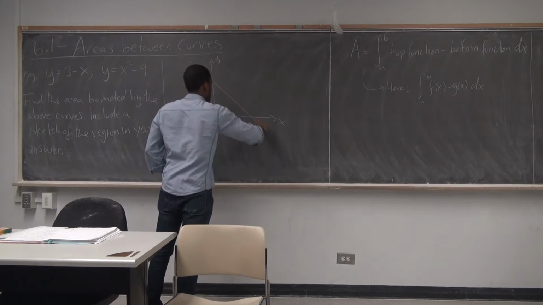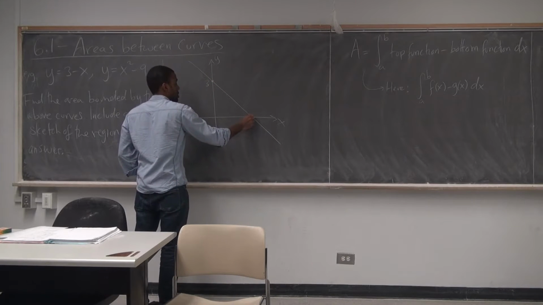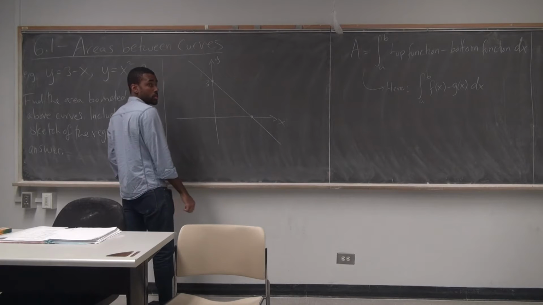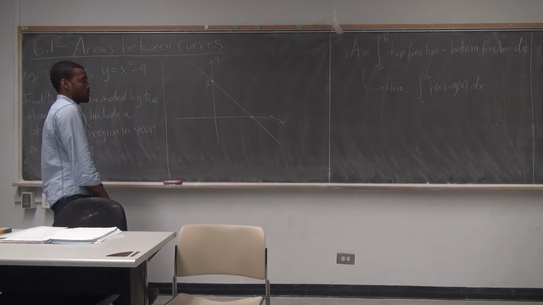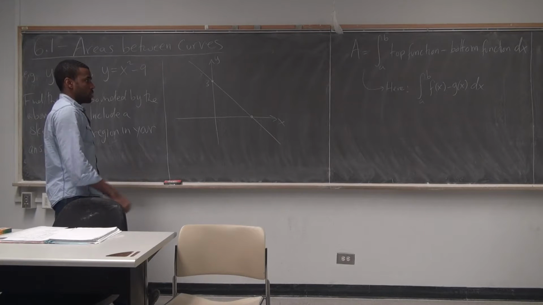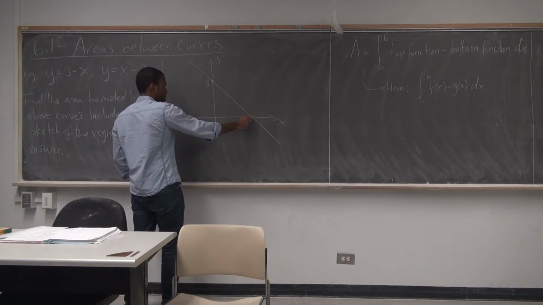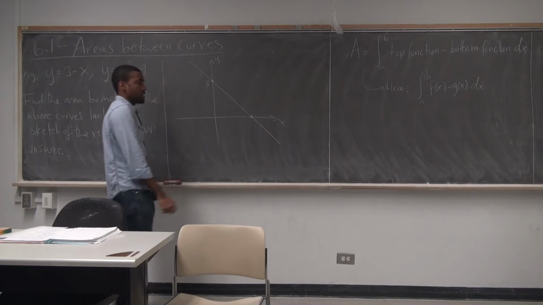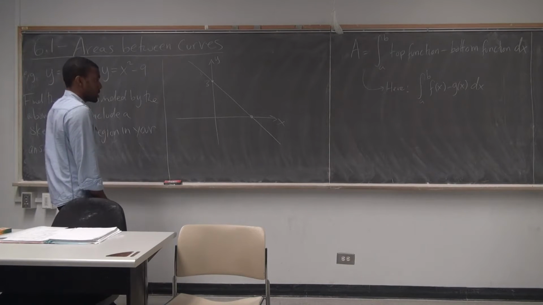Plus 3, so this would be 3. What is this point called? The x-intercept. How do you find an x-intercept? Setting y equal to 0. Plug in y equals 0 and you solve for x. What would you get?